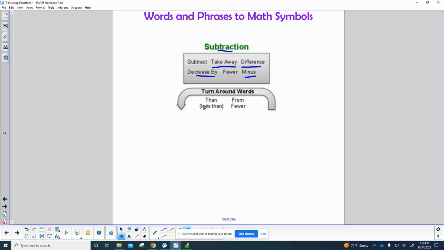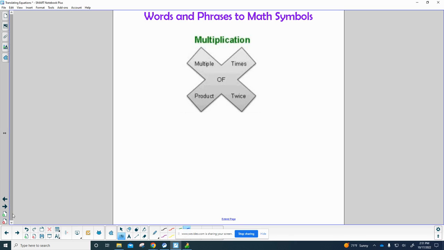Now there's some turnaround words in there too. Like if we say than, less than, then in that case we may actually turn the problem around in the order in which it would be written. Or for this, such as from or fewer. That's another couple of words that mean turn around the phrase. And we'll explain more in a minute.